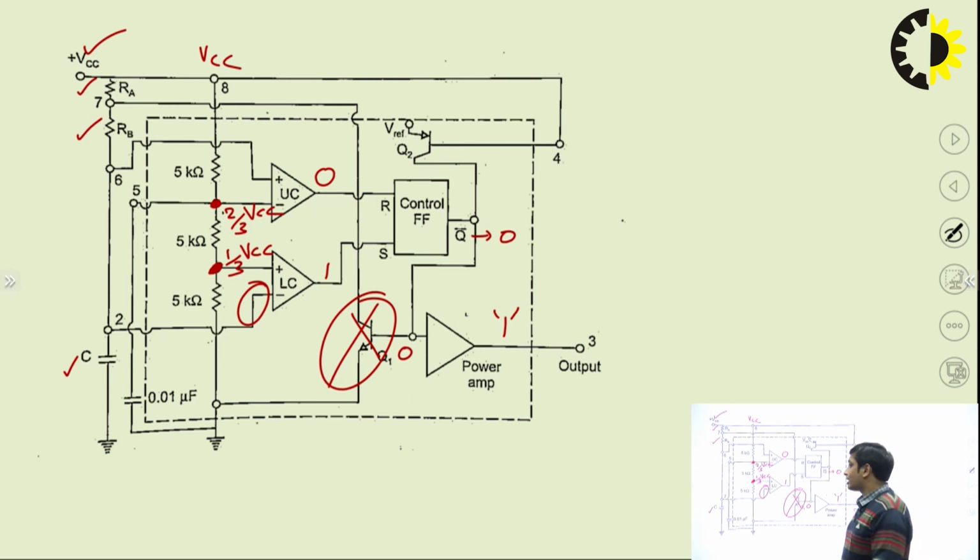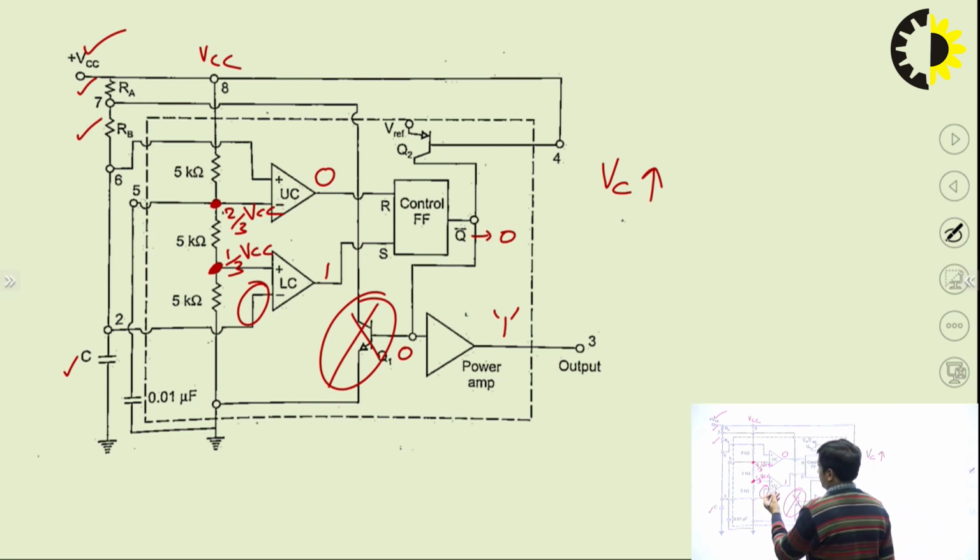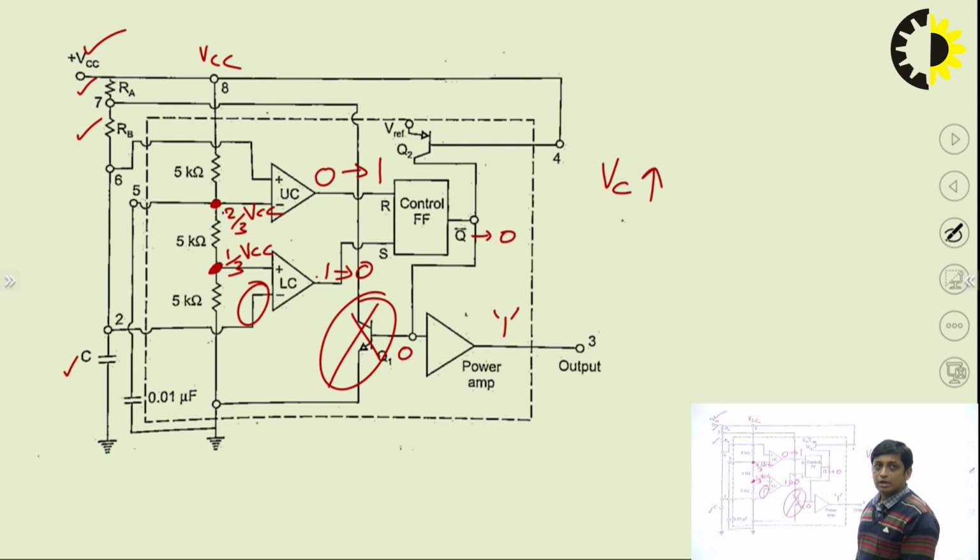It means that the capacitor voltage VC will increase, and when the capacitor voltage VC crosses 2 by 3 VCC, you can see that the output of the upper comparator will change from 0 to 1, while the output of the lower comparator will change from 1 to 0, right? Because when the capacitor voltage just crosses 2 by 3 VCC, the non-inverting terminal voltage of the upper comparator will be greater, so the output of the upper comparator will be 1.